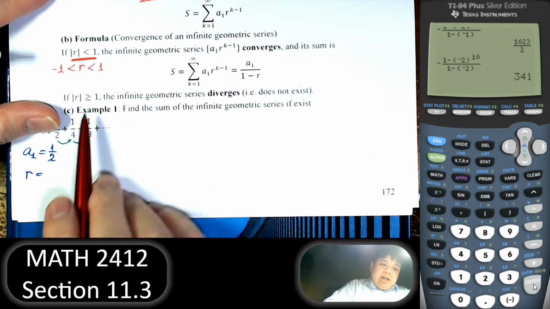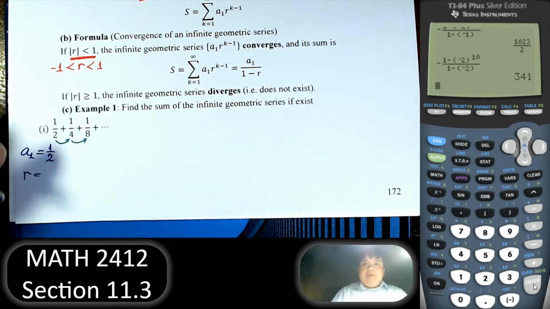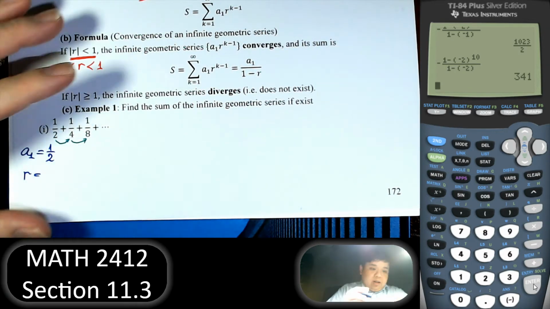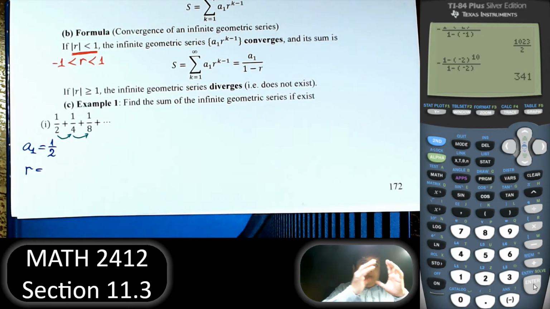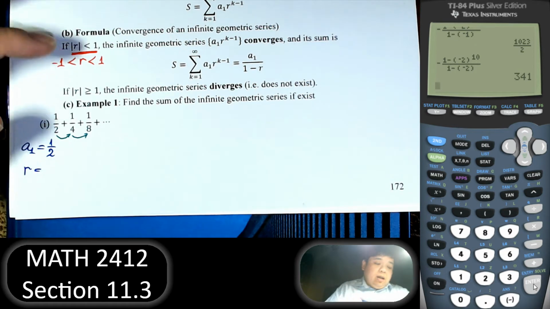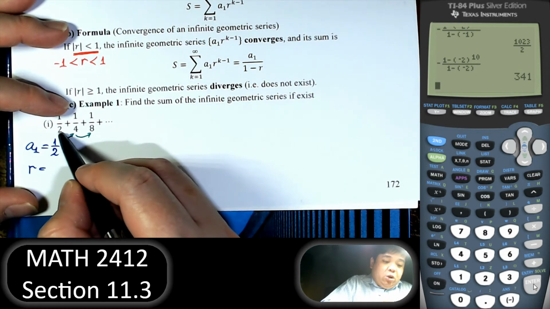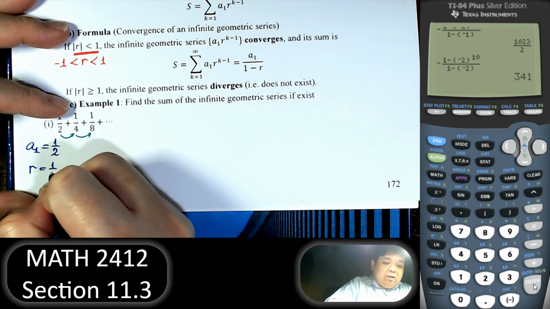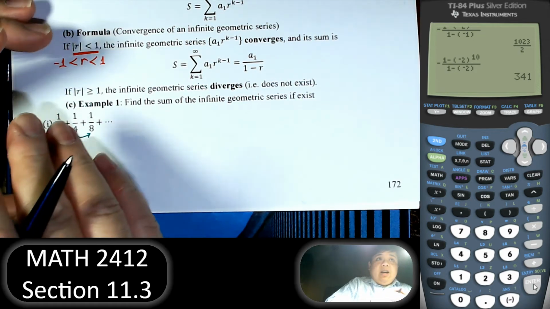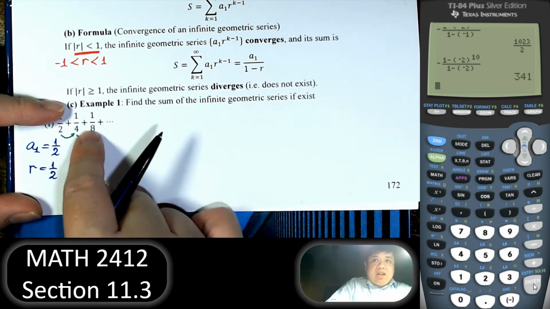That's why we have the plus in the middle. We have the addition, as opposed to a sequence, which is just individual terms and not a sum. The ratio from 1/2 to 1/4, we multiply by 1/2. So pretty much the next number we just cut in half, the next number cut in half.